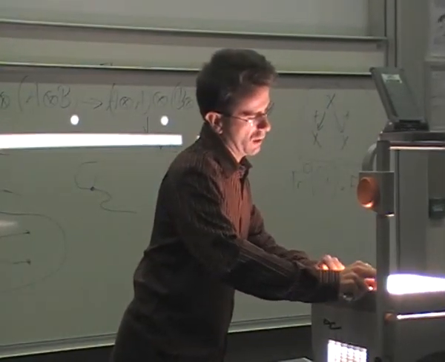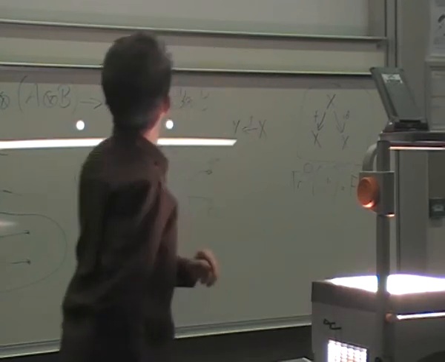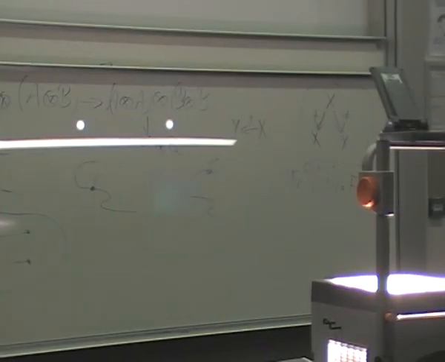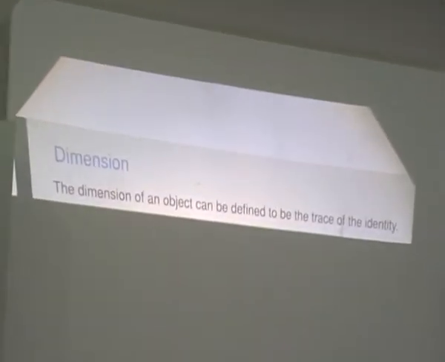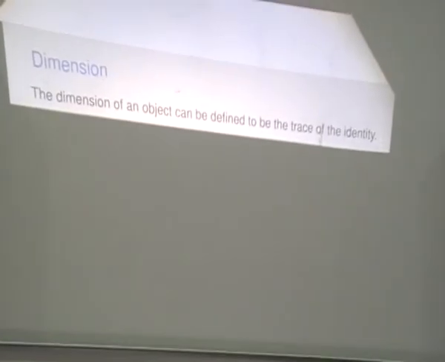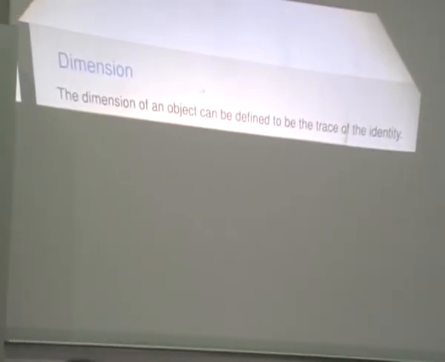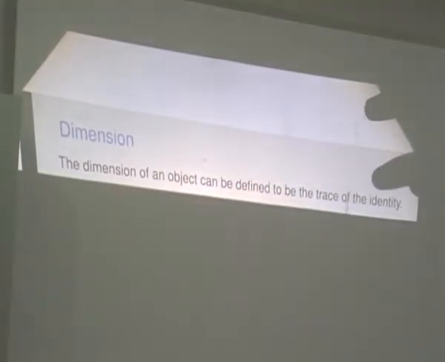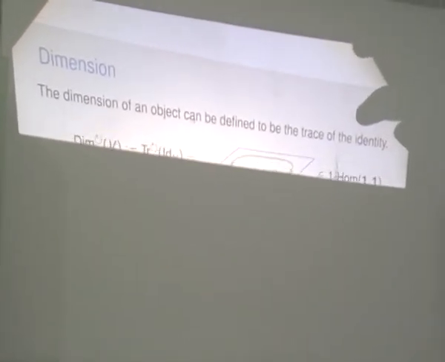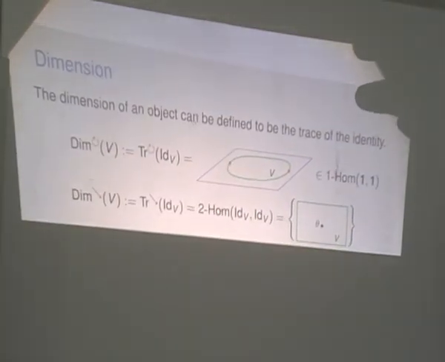Okay, so in vector spaces, you can define the dimension of a vector space to be the trace of the identity, which is the sum of the entries of the diagonal of the identity. And just take that to be the definition of the dimension. So analogously, we can talk about the dimension of an object in a monoidal bicategory.